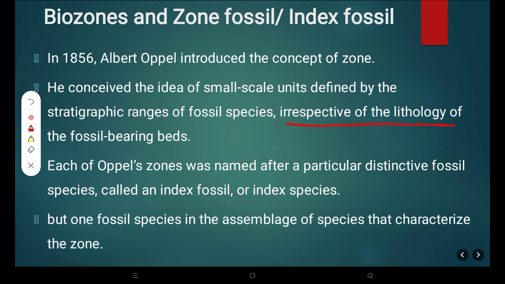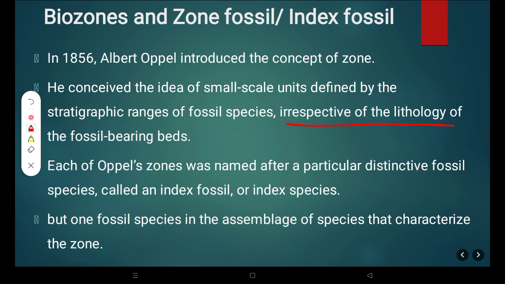Suppose there is a section consisting of several strata. Lithologically they may be different, but if they contain the same fossils, we can put them into the same biozone. So here there is nothing to deal with the lithology of the strata. Each Oppel zone was named after a particular distinctive species called an index fossil.